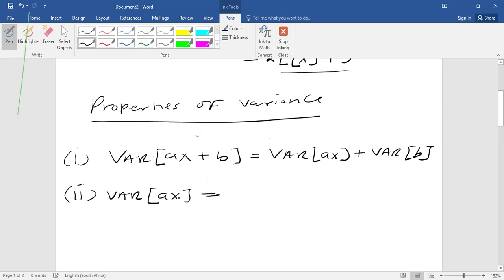But for variance, when it comes out of the variance, it comes out as a square. So it will be A to the power 2. So you square it, then you have the variance of X.